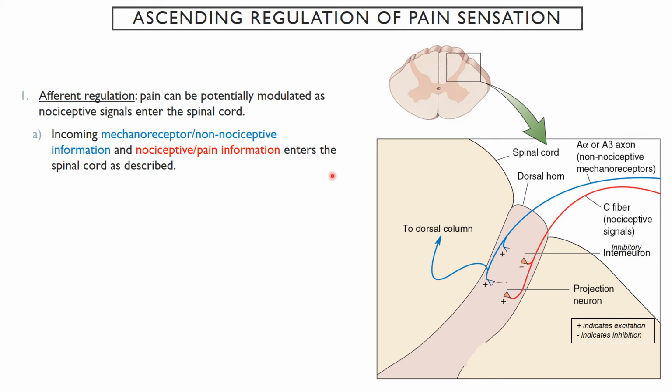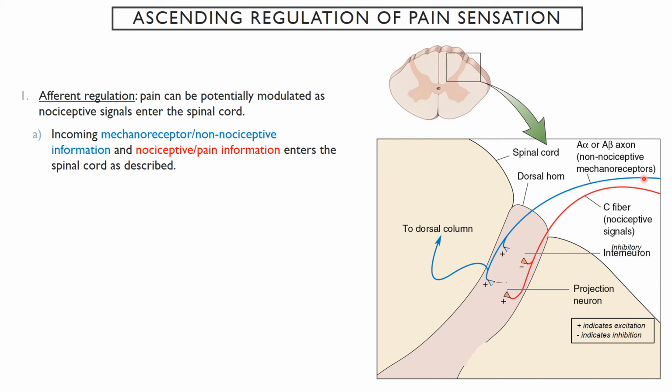So there's going to be some new details and additional complexity that's happening in the spinal cord itself. So in the dorsal horn of the spinal cord, we have inputs of mechanoreceptor information as alpha or beta axons. We also have these C fibers that are coming in, and this is the nociceptive signal. So we've got mechanosensation and nociceptive signals.